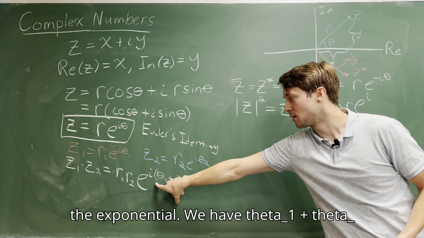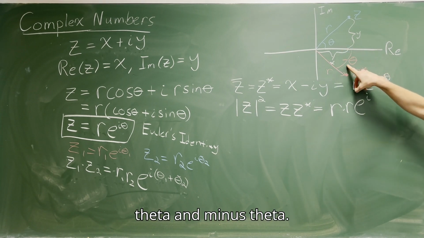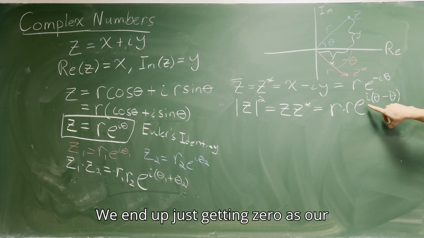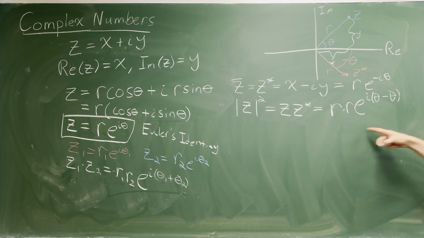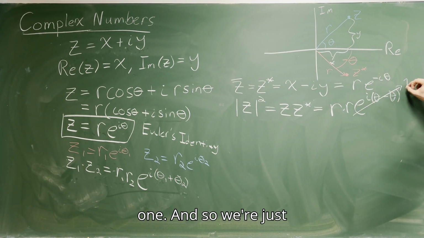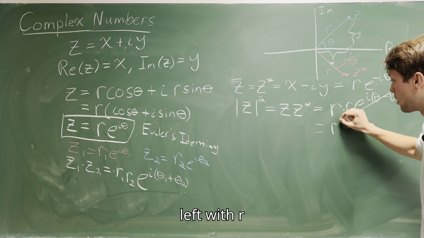The exponential, we have theta 1 plus theta 2, which the thetas here are theta and minus theta. So this is theta minus theta. We end up just getting 0 as our exponent. And if our exponent is 0, the whole exponential turns into 1. And so we're just left with r squared.